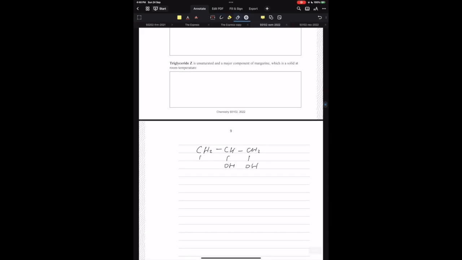So let's say we added C double bond O, and then let's say CH3, in which case this is ethanoic acid forming a triester with glycerol.